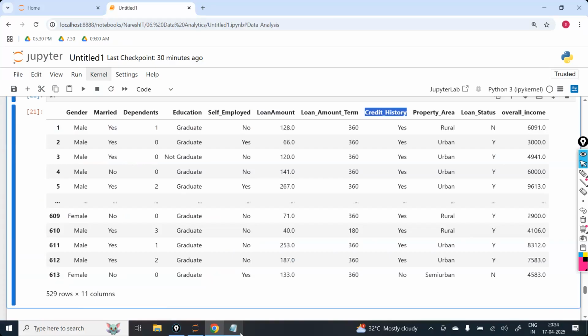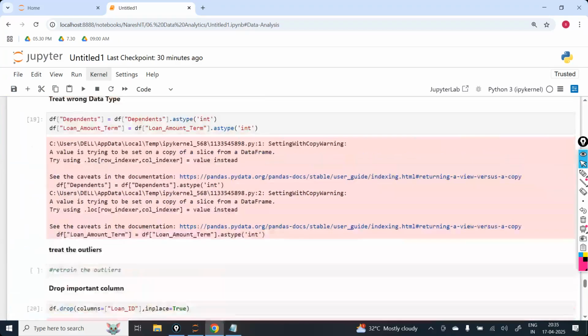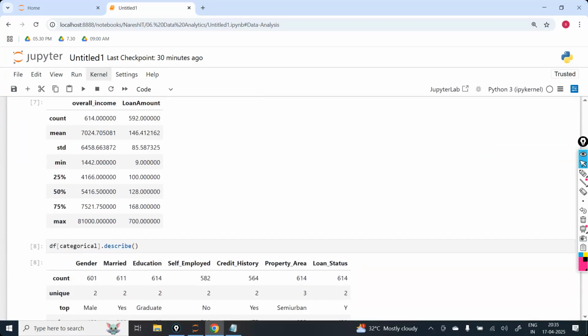Come to step 2 first. Open step 2 and read the points in it. What is the first point? Collect and load the data. We have done the same. Next. We have done the same. Next. Please read one by one in order, and check whether we have done everything in the same order or not.